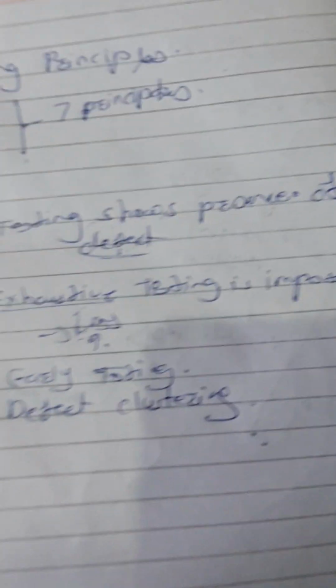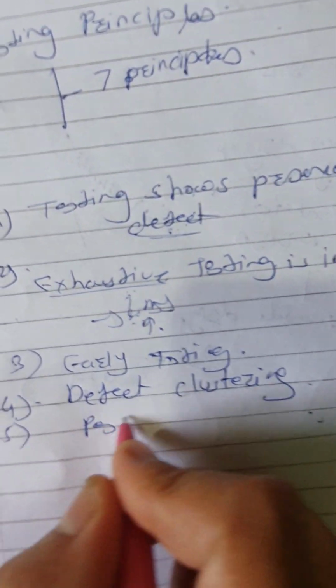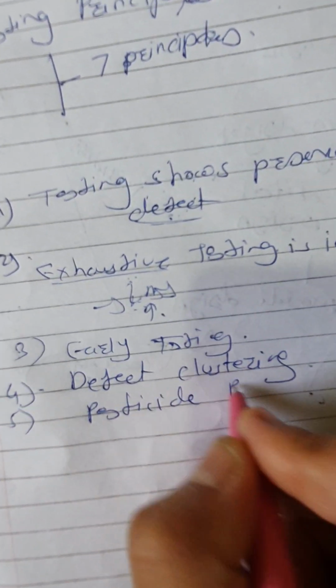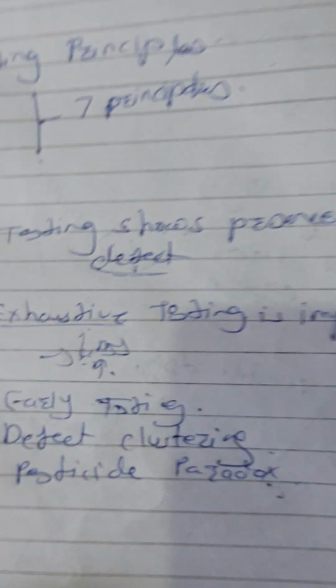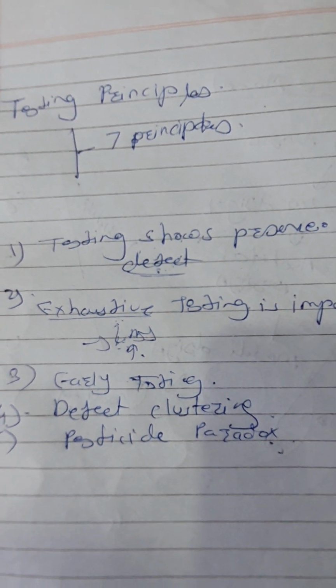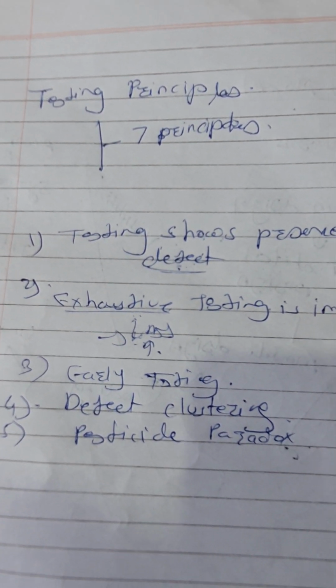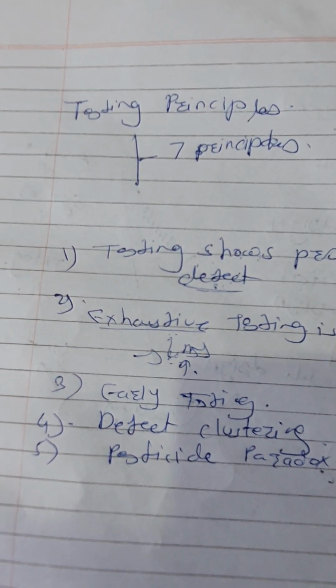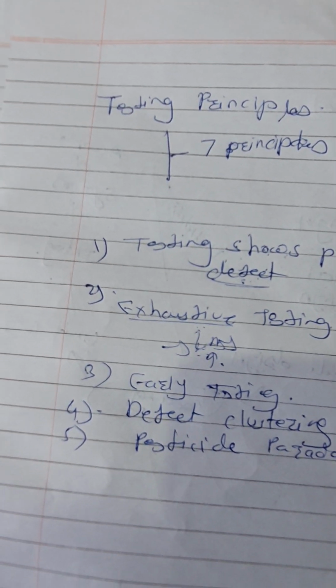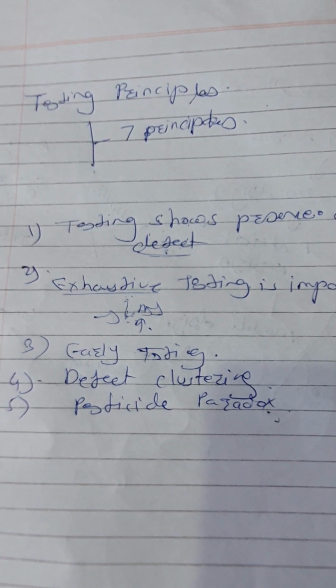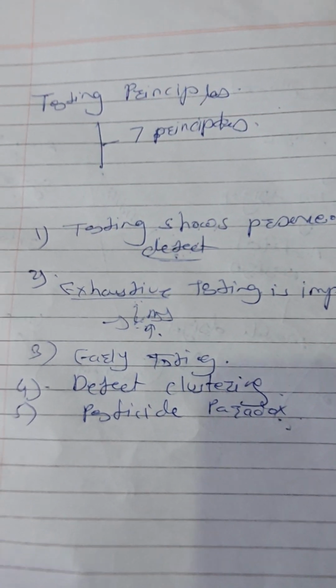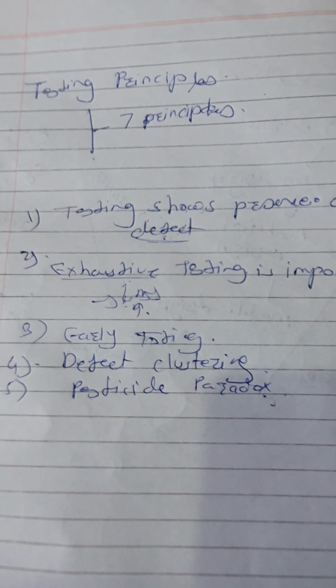Then the fifth principle is pesticide paradox. This principle is totally related to repetition. Means, if the same tests are repeated over and over again, eventually the same set of test cases no longer finds any new bugs. Means, if you perform repetition testing, it will affect quality as well as time.